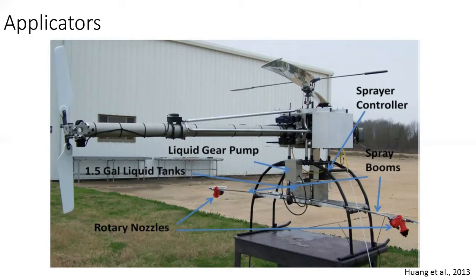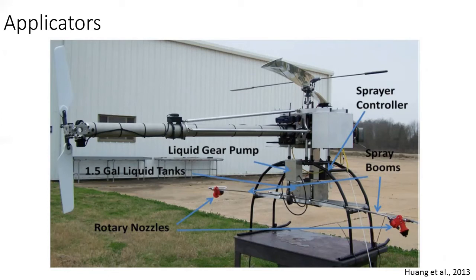In this case, this drone was able to apply an herbicide in a 100-foot swath to a 35-acre area at a rate of 4 ounces per acre. So at low rates, this might be a potential possibility, but at higher rates, it might not work out so well.